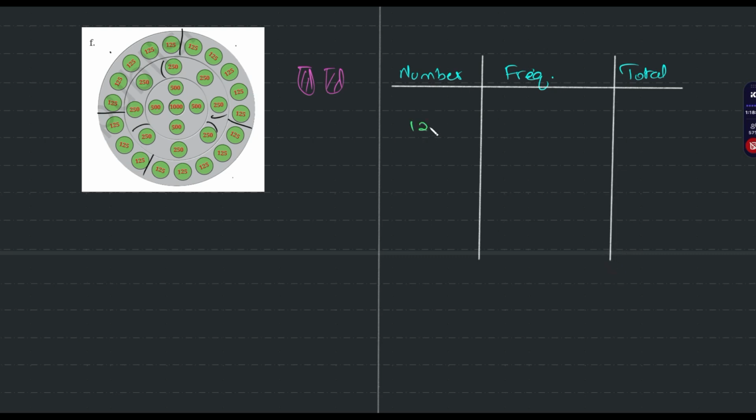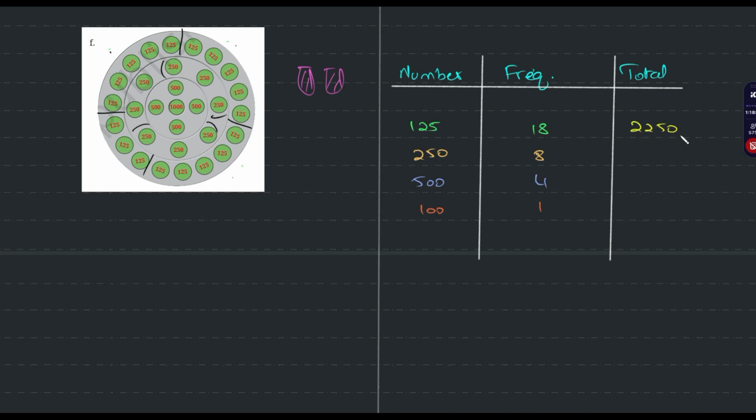So first is 125. So 125, there are 1, 2, 3, 15, 16, 17, 18, 18 of them. Then we have 250, 3 and 3, 6, 7, 8. Then we have 500, there are 4 clearly. And then we have 1000, which is 1. So we have 125 into 18, so this is 2250.